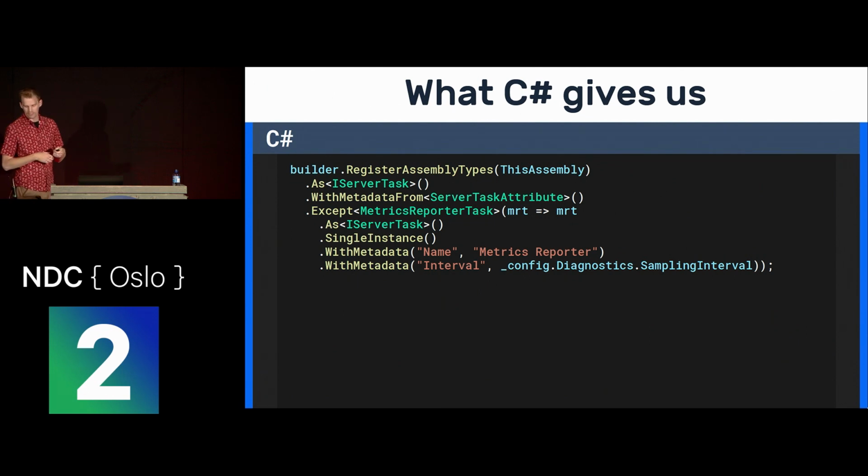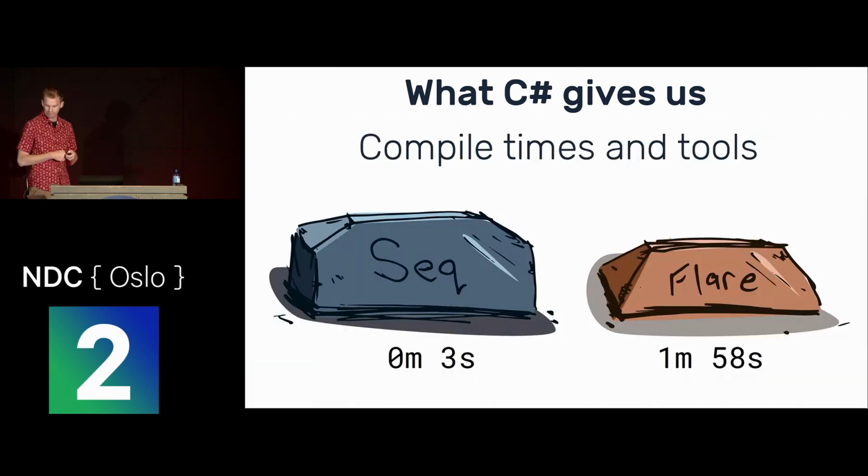So in this case, we collect all of our server tasks at runtime, along with some metadata about how to schedule them, except for our metrics task, which we deal with explicitly. And without reflection, you just kind of can't write the same code in Rust. You have to know everything up front.